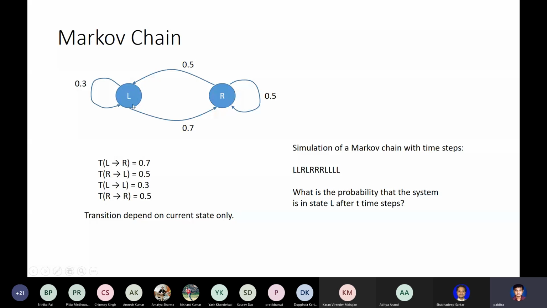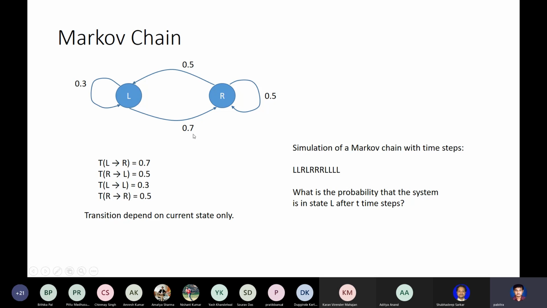In Markov chain terminology, these rooms are called states, and there is a state change at every time step. The state change is governed by something known as transition probability. Given the person is in room L, the probability that in the next time step she will be in room R is denoted by this transition probability, which I have written as T(L to R).